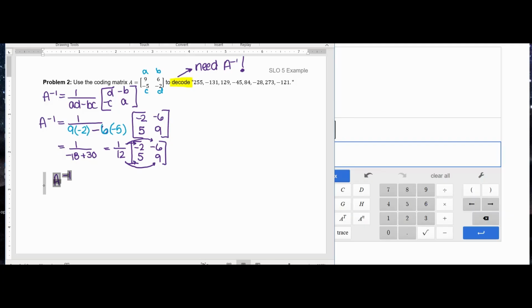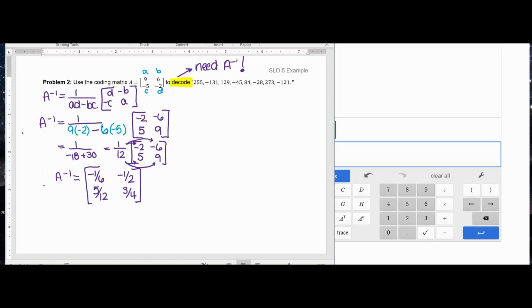So we get A inverse is equal to negative 1/6, because negative 2 over 12, negative 1/2, 5/12 in the bottom left corner, and then 3/4 in the bottom right, because 9 over 12.